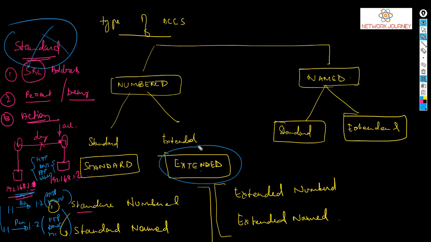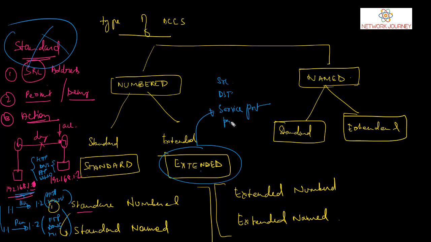Extended works on the basis of matching source, destination, service, port, or I can say the protocols, whether TCP or UDP. These are a couple of important things which extended is gonna check and then do blocking or allowing. In the case of standard, it's very straightforward.